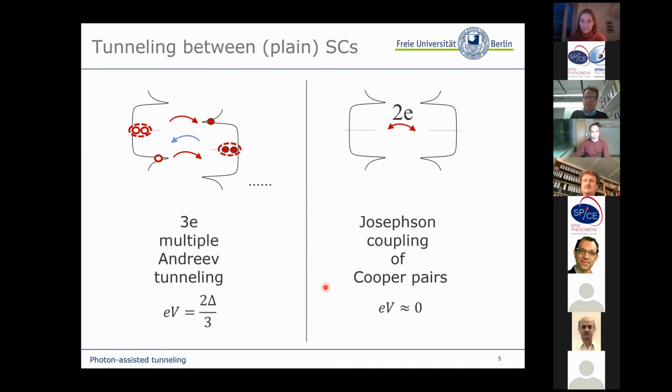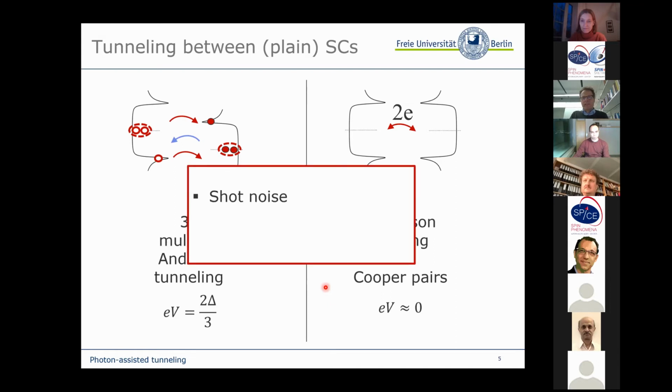Now, one possibility to do that would be to do shot noise measurements, or even look at the full counting statistics, and that's something that Wolfgang Belzig, for example, looked at quite a few years ago, theoretically. But a simpler possibility is to look at photon-assisted tunneling, and these are the kinds of experiments that Katharina's group has been doing.